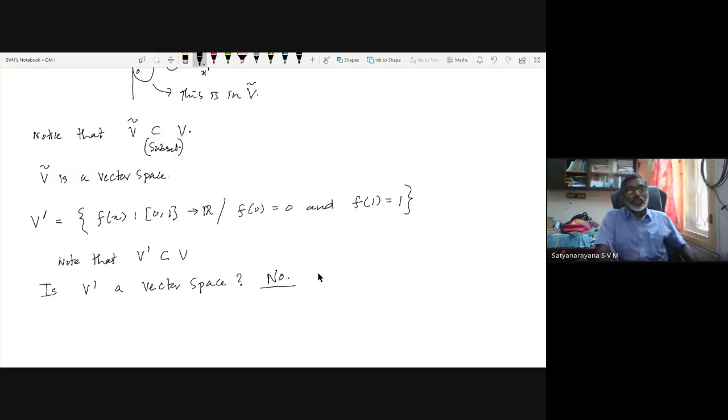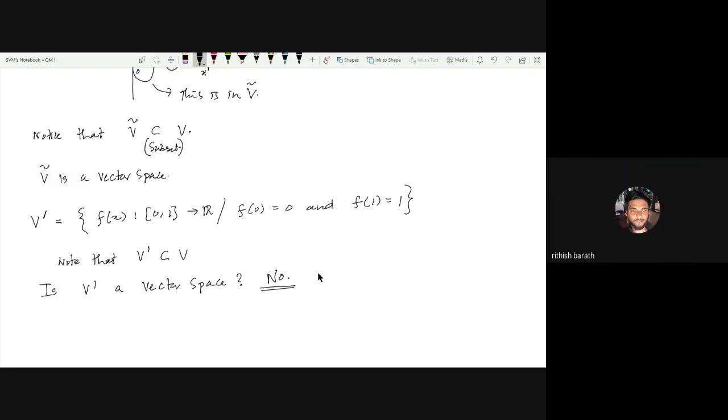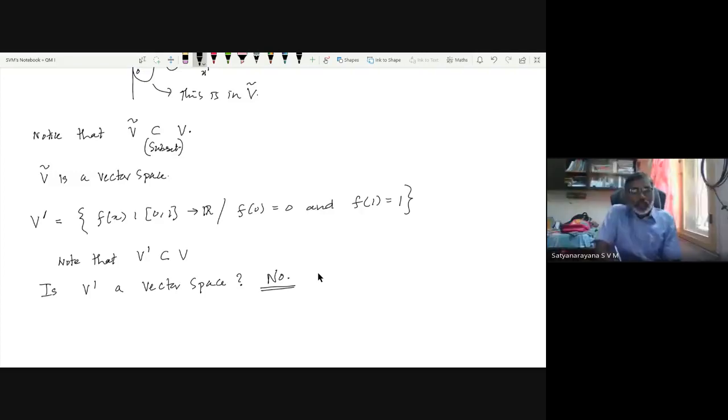What axiom will it violate? Closure. Closure is not satisfied because if you take any two functions in this, then f of 1 of the sum will be 1 plus 1, 2, but it has to be 1. Okay, so closure is violated.